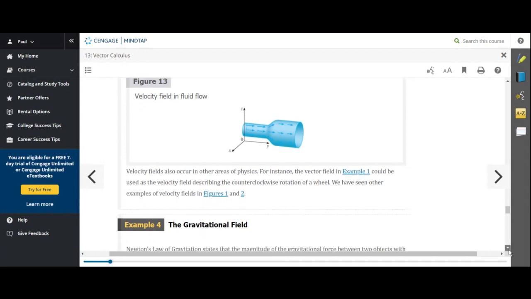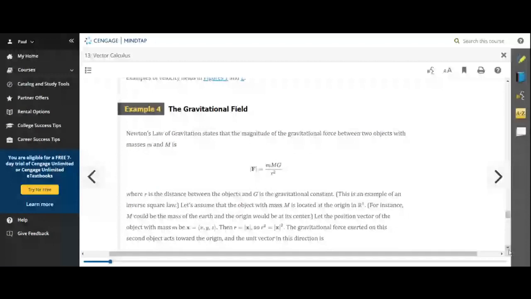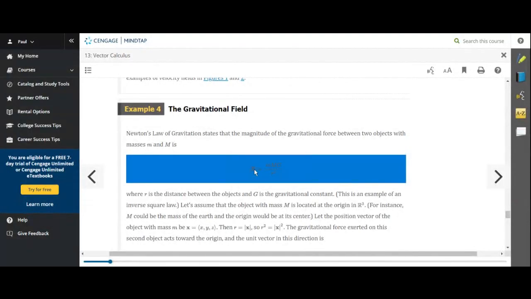Let's continue on here. Gravitational field. How many maybe have seen this formula in a physics class for gravitational field between two objects with masses? Okay, Ryan's seen it, John's seen it. G is a gravitational constant, and r is the distance between the objects.